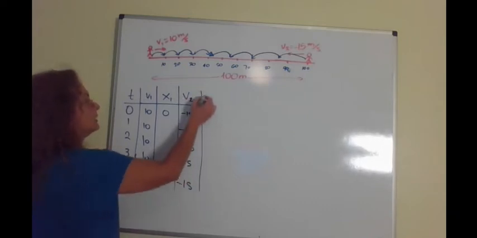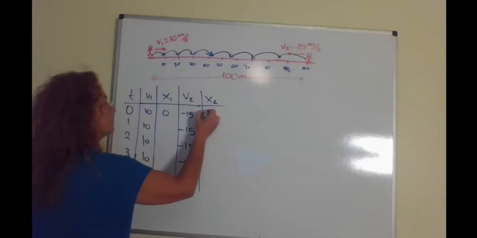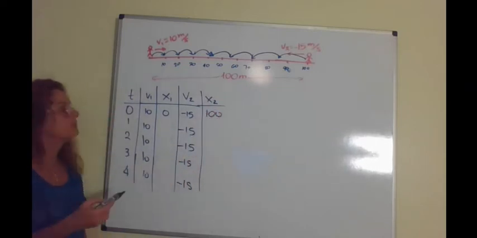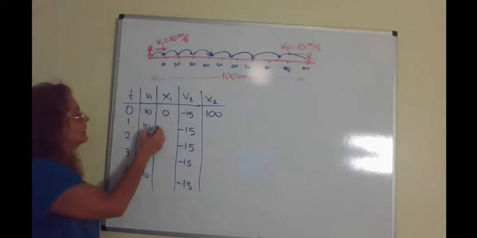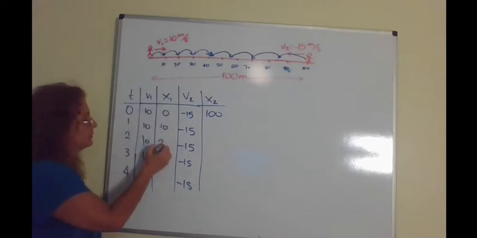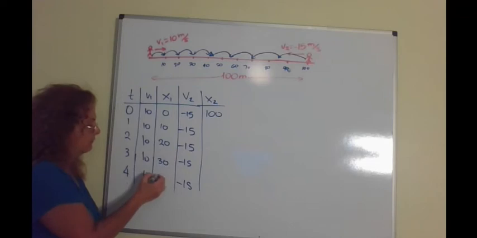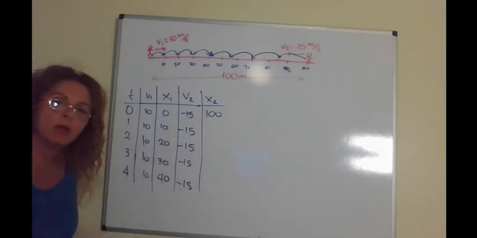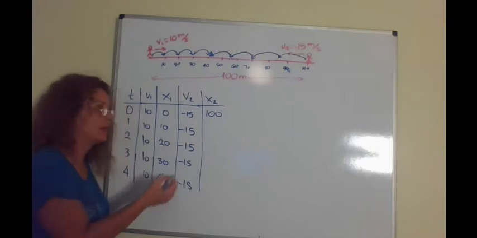And he starts 100 meters away. So he does 10 meters and then 20, 30, 40, while the other does 100 minus 15, which is 85.